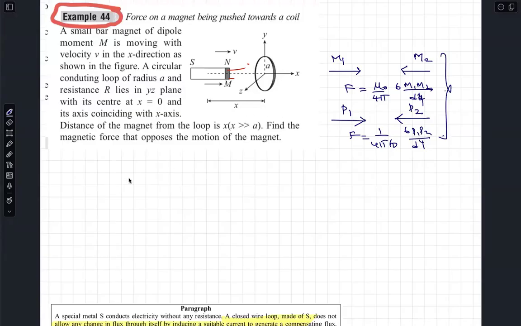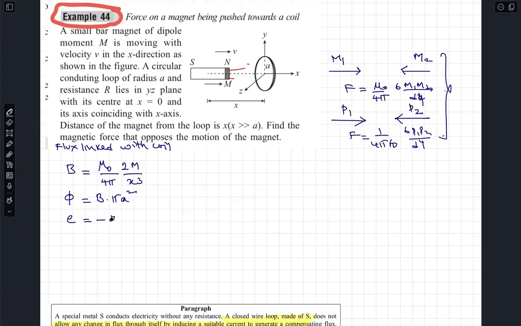Now, at an instant when it is at distance X, the flux linked with the coil: B is mu naught by 4 pi 2 capital M by X cube, because the coil is on the axial line. So flux linked is B into pi a square.